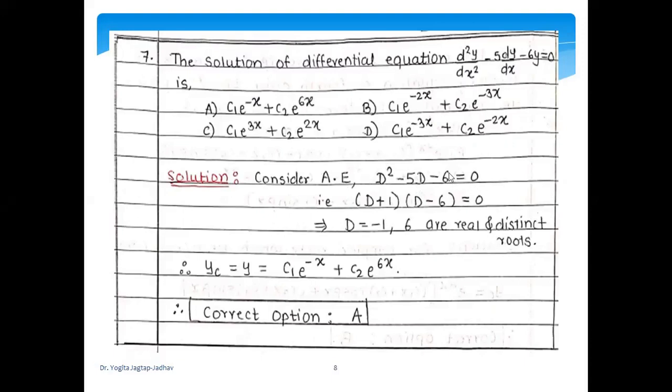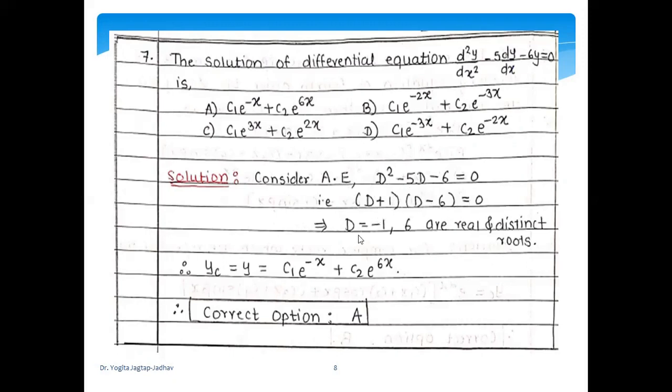This quadratic equation can be factorized into the two factors, namely d plus 1 and d minus 6, equal to 0. Equating each of the factors with 0, we get d plus 1 equal to 0 and d minus 6 equal to 0.